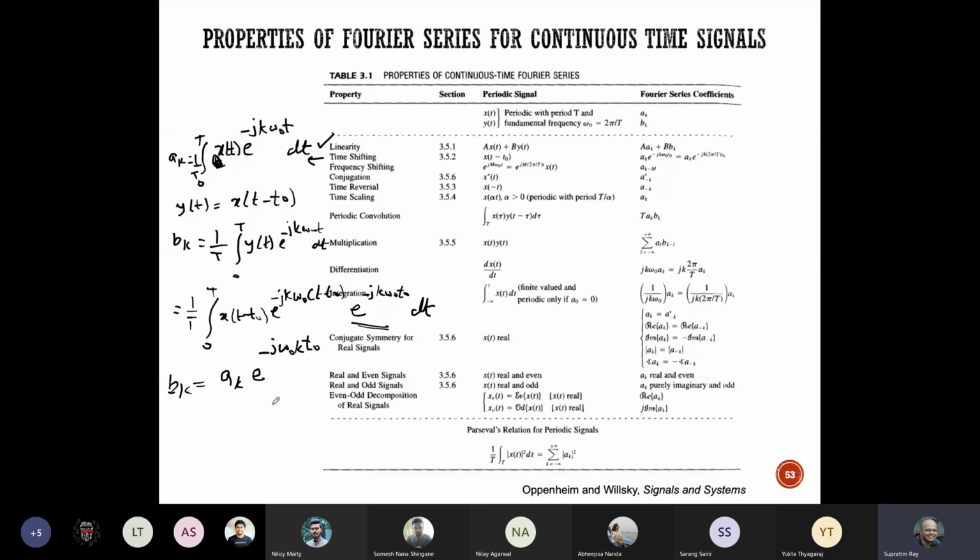This is a vector with an angle given by this, but otherwise it's a unit vector. So the amplitude doesn't change, it just shifts the phase.